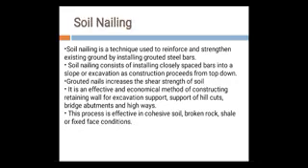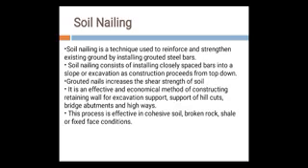Soil nailing consists of installing closely spaced bars into the slope or excavation as construction proceeds from top to down. Grouted nails increase the shear strength of soil. It is an effective and economical method of constructing a retaining wall for excavation support.